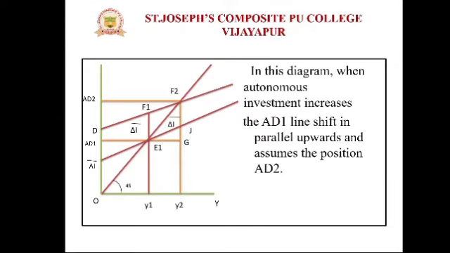Students, observe this diagram. When autonomous investment increases, the AD1 line shifts in parallel upwards and assumes the position AD2.